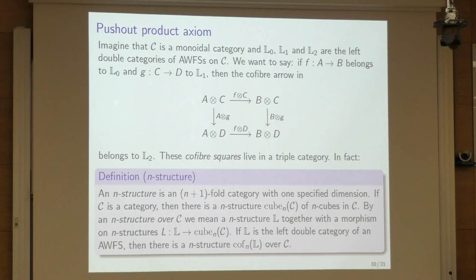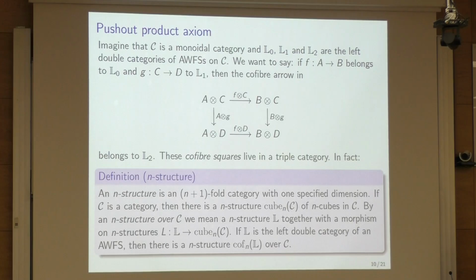So an n-structure is an (n+1)-fold category with one dimension singled out. I think of these n-structures as some sort of categories of n-cubes, and there is one dimension which gives the direction of the morphisms of n-cubes, and that is the specified dimension that I'm talking about.